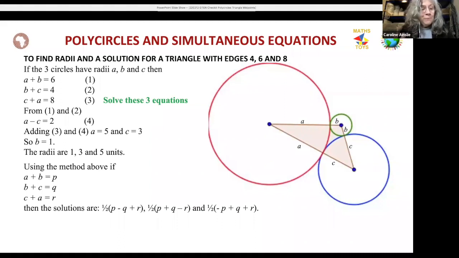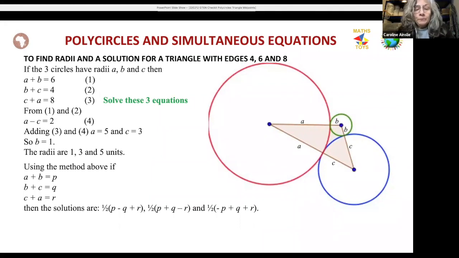If you do everything you've done, but you're not putting in numbers, you're just putting in letters, you will come up with P minus Q plus R, and half of that is one of them. P plus Q minus R, and half of that is another. And minus P plus Q plus R, half of that is another.